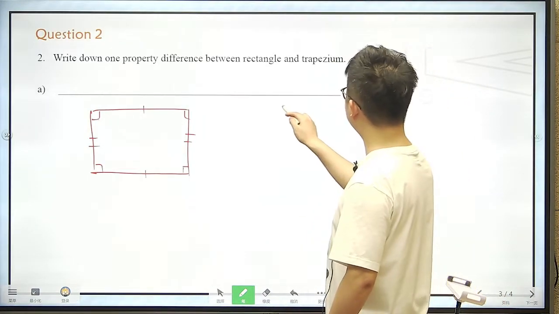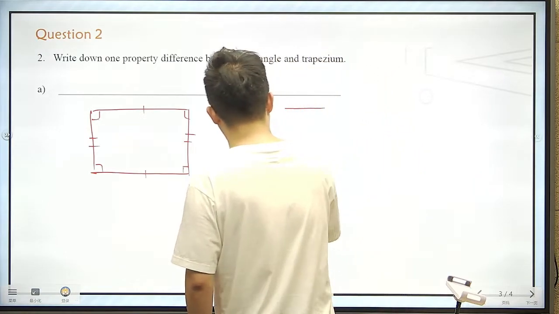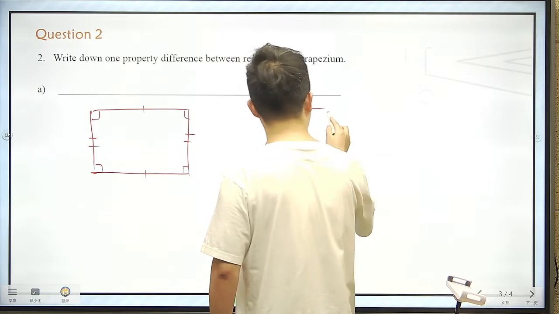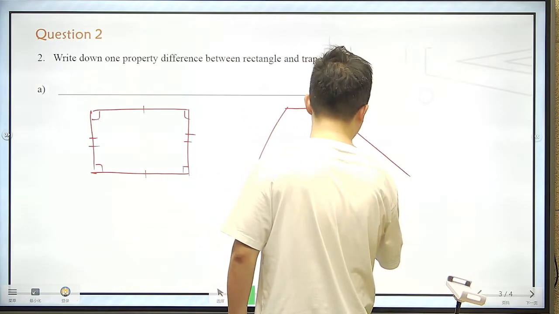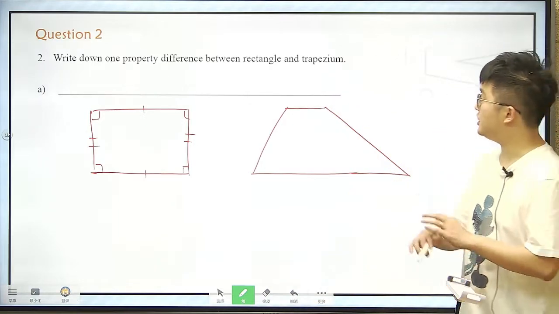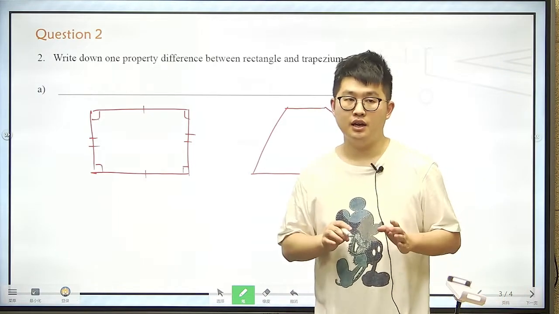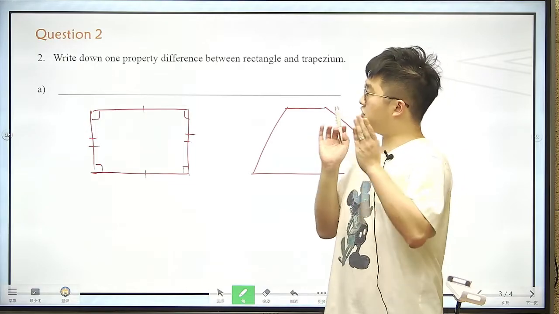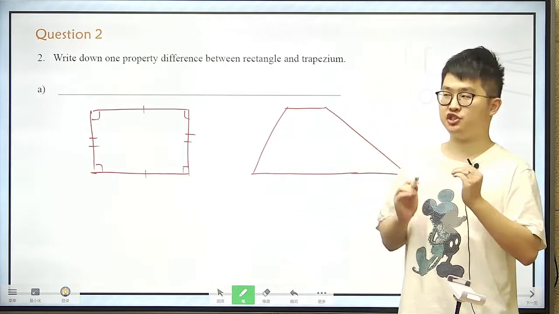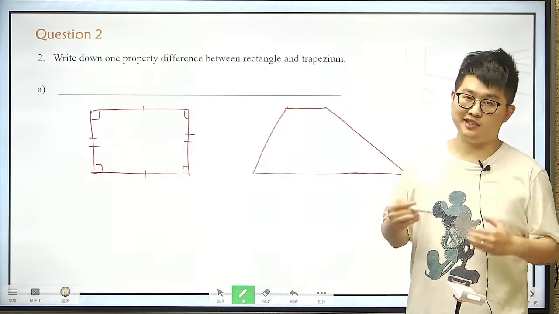Trapezium looks like this. We have an upper line, we have a bottom line, and we have 2 sides. This is a trapezium. We just need to write down 1 property difference, but let me show you maybe 2 or 3 of them.